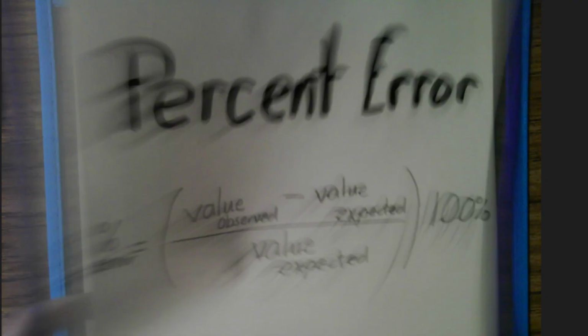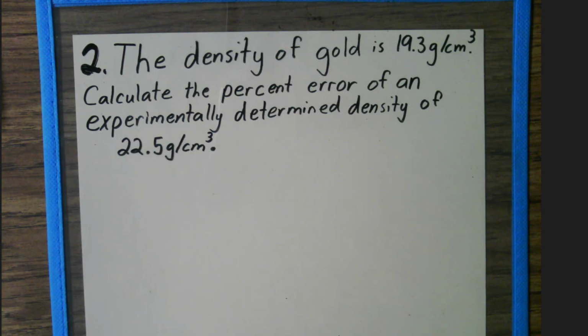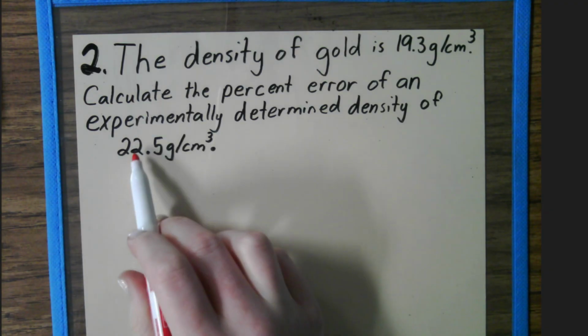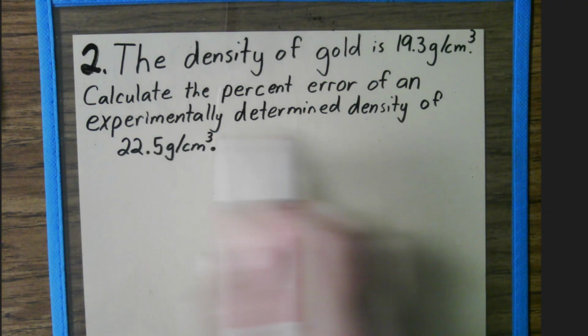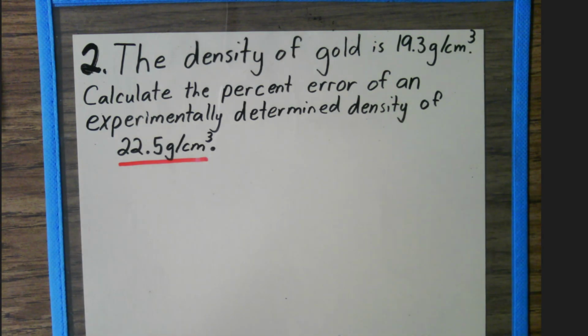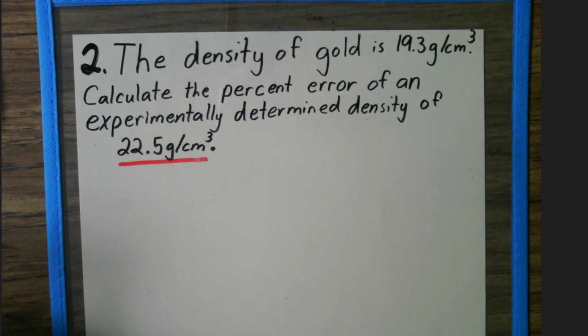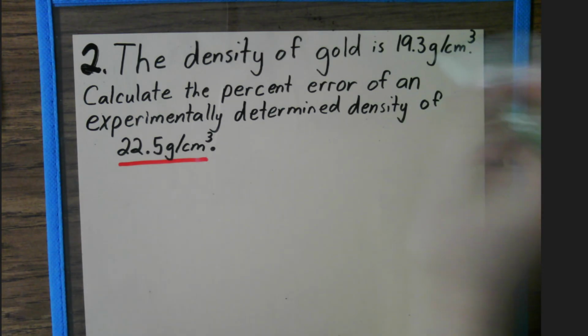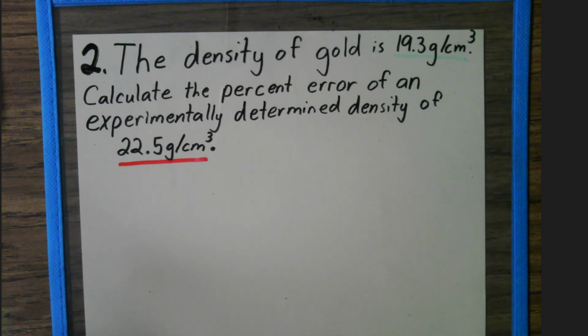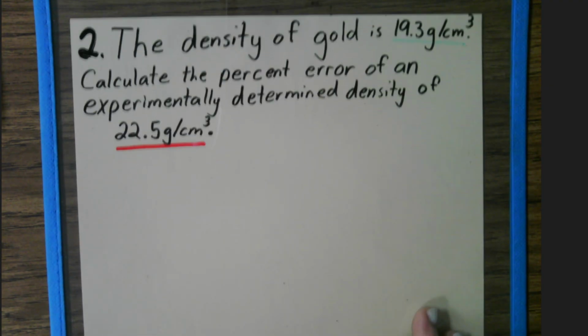So let's look for our value observed, which is in red. It tells us the experimentally determined density of 22.5 grams per centimeters cubed. That is our observed. And our expected, what we should have expected, is our 19.3 grams per centimeters cubed.